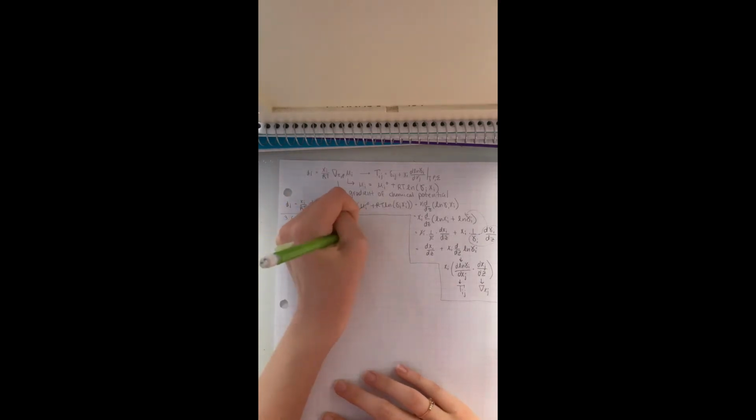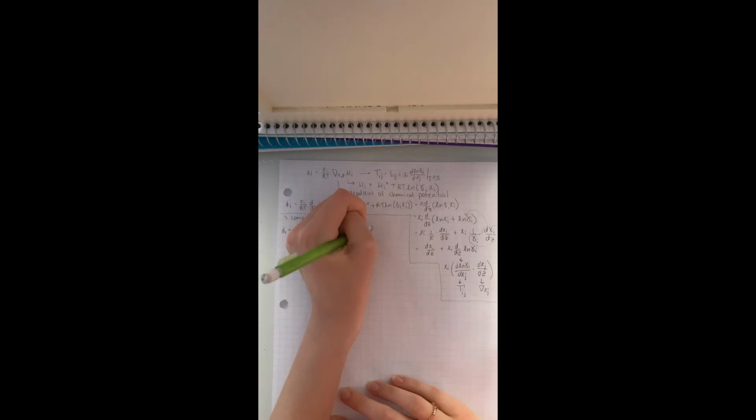And then we can write this out for the mole fraction of component 1 times the change in activity coefficient of component 1 with respect to component 2.